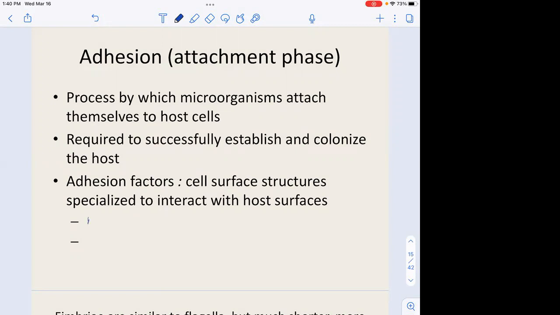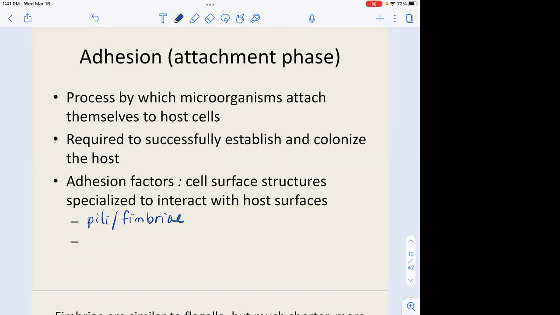Some examples: pili or fimbriae are specialized structures that bacteria might have in order to attach. For instance, E. coli has lots of fimbriae that help it attach to our large intestine. If it didn't have those specialized attachment structures, it would just get washed out with our feces.